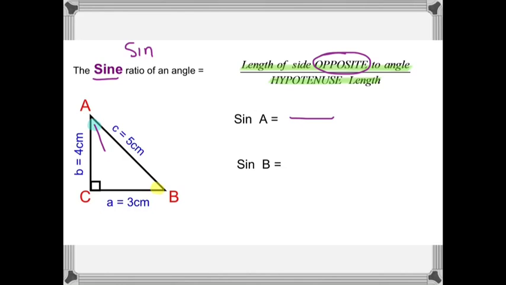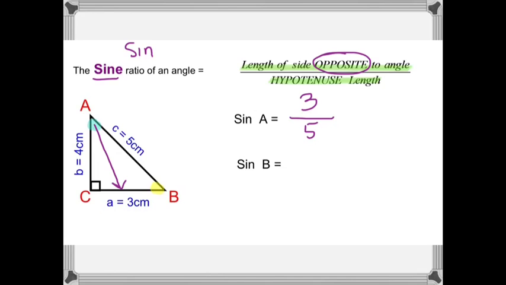So I draw a line that's across from A, and the opposite side length is 3. Now the hypotenuse is always going to be the same. There's only one hypotenuse in a right triangle. So the opposite over the hypotenuse will be 3 over 5, and that's it. It's just a ratio of side lengths.